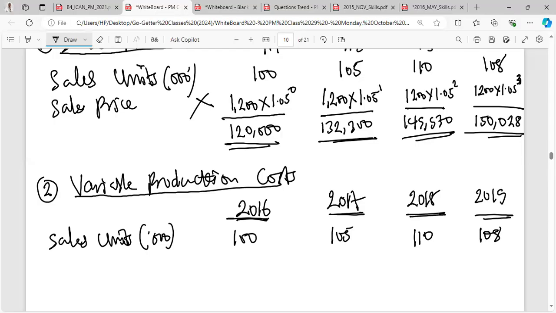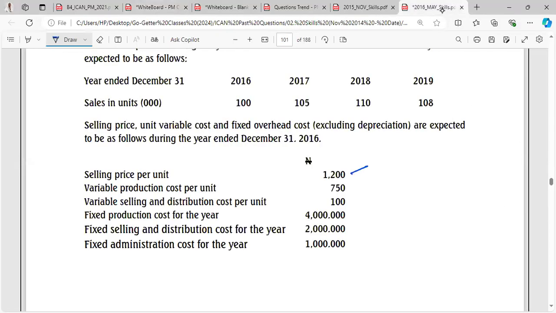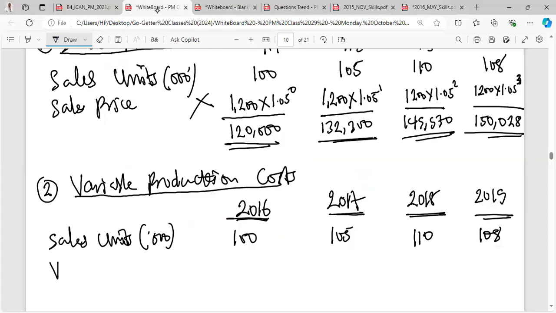Now, we are looking at the variable production cost per unit, which is 750.